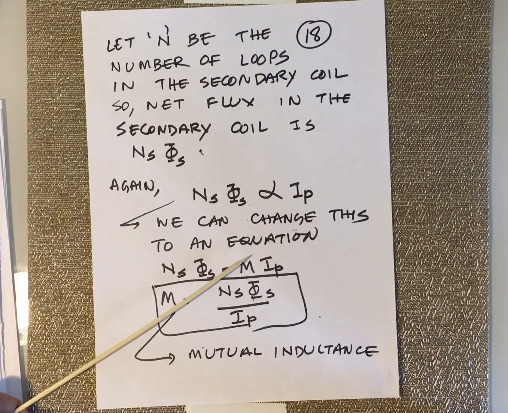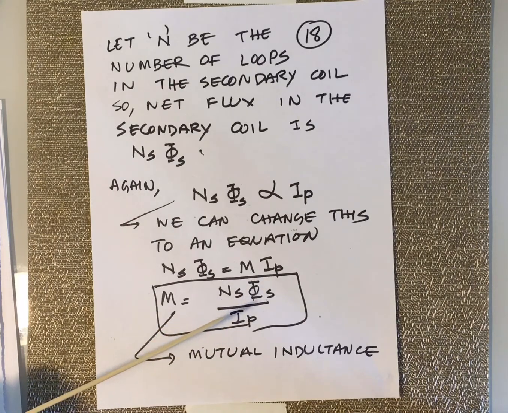When there is a change, we can rewrite it as Ns times magnetic flux equals M times IP. M is a constant of proportionality, so we can define M as Ns times phi s over IP, and M is defined to be the mutual inductance.